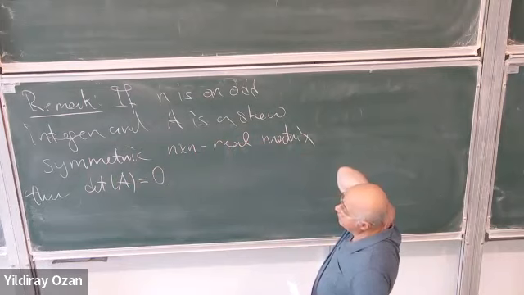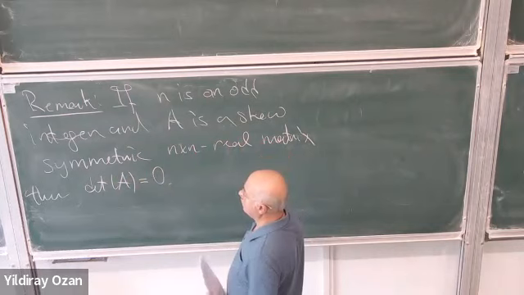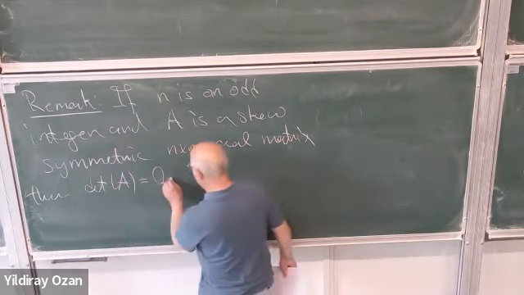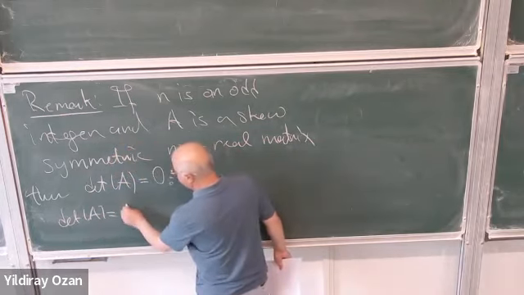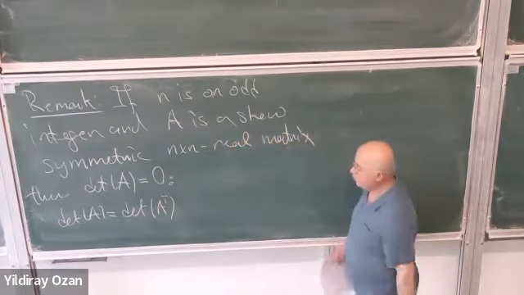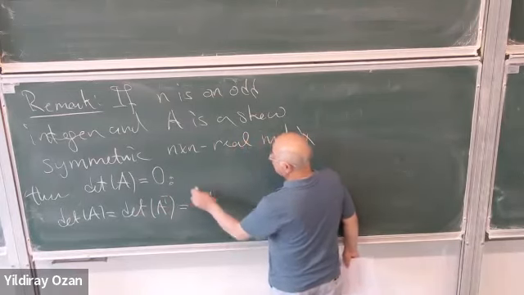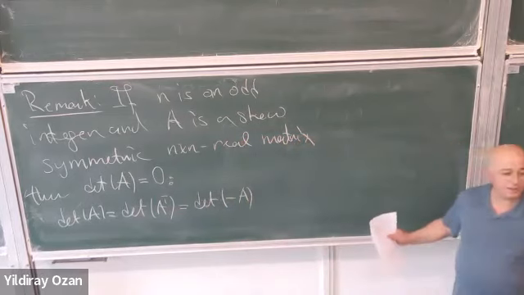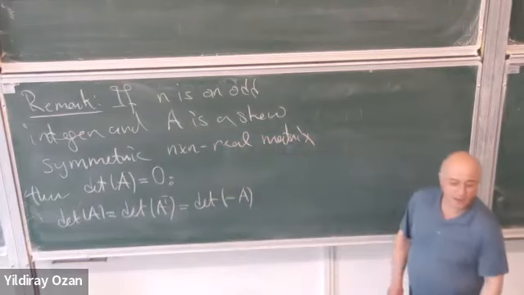Why is that? Well, this is because of the following. The determinant of A, we know, for any matrix is equal to the determinant of its transpose, but in our case, A transpose is just minus A, because A is skew symmetric. Now, what is the determinant of minus A?